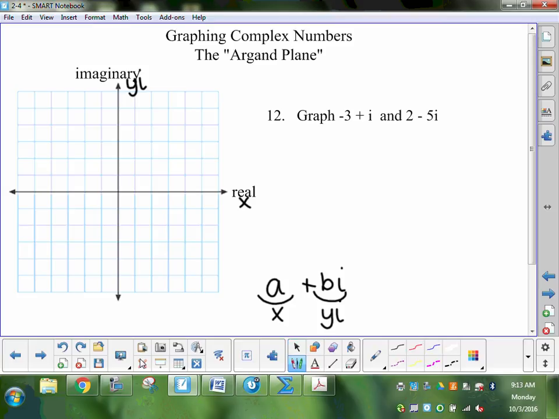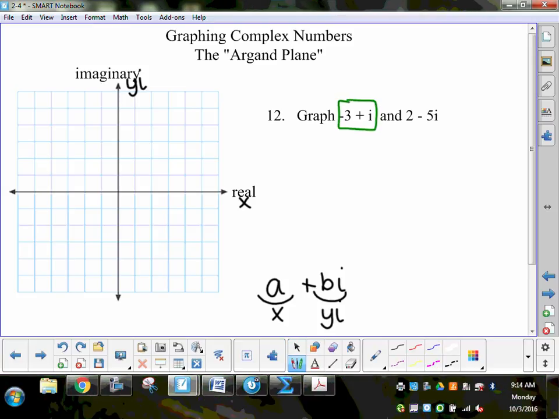If we're graphing this, this is the x and this is the yi. So it's negative 3 or 3? Negative 3, which means I would go back on the x-axis to negative 3, which is here, and your yi value is a positive 1i. So I would go up to here, and I'm going to put a dot, and this would be negative 3 plus i.